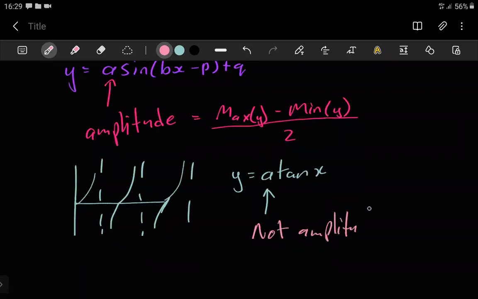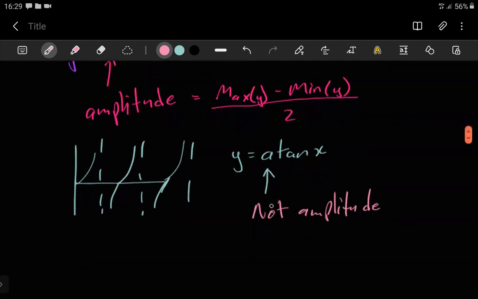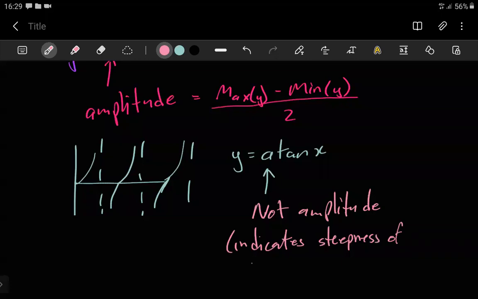What A does is it just gives you an idea of the steepness of these lines, because the higher the A value, the steeper these curves will be. So not amplitude, A indicates steepness of curves, slash gradient.